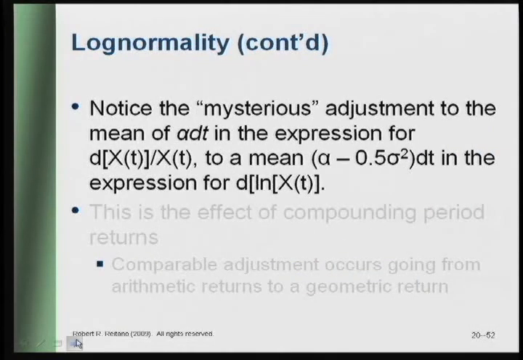So this mysterious adjustment of the half sigma squared, that was discussed in an earlier module. We'll see it coming from an application of Ito's lemma, and I tried to give a motivating argument as to where it comes from in the earlier modeling. But it's an important adjustment. And in fact, if you go back to the module on other binomial models, you'll find that one of the binomial models was called the log normal model, and it includes in it this mysterious half sigma squared adjustment.